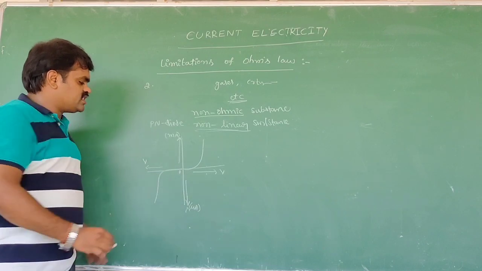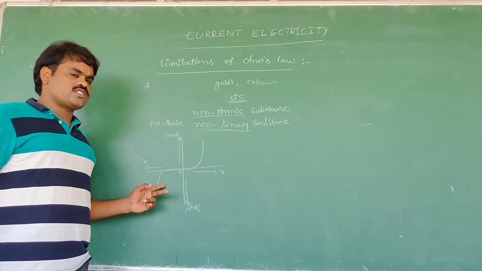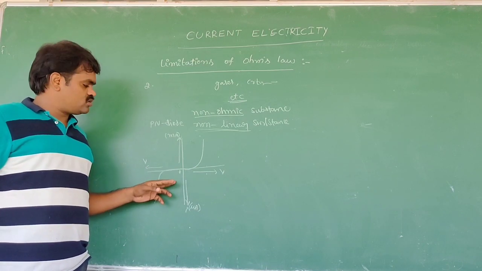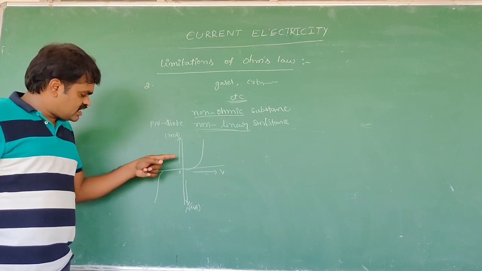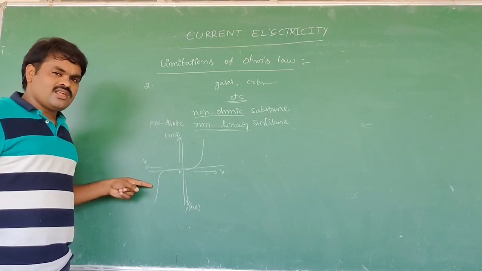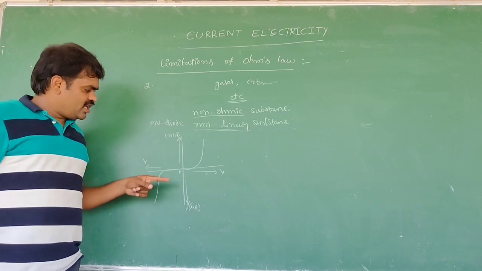In this graph we can see different scales, positive and negative, with different currents at different potentials. But this graph is not a straight line, it is a curve. That's why they are called non-linear conductors.